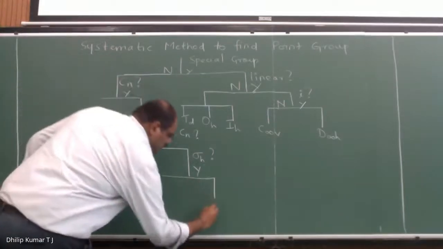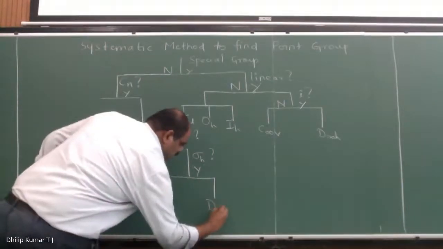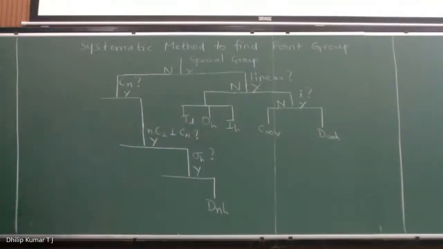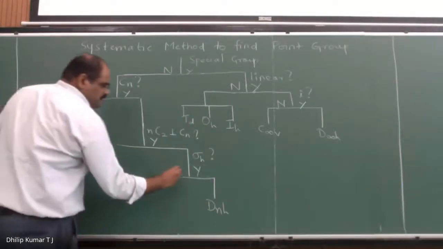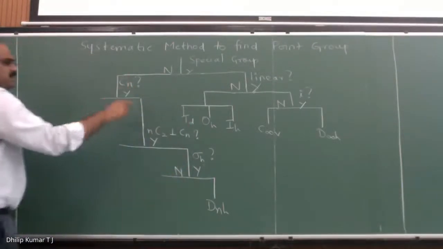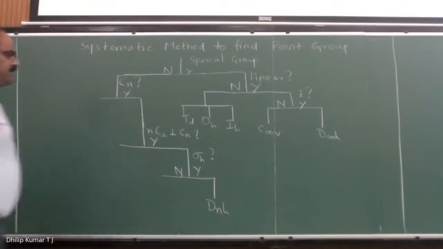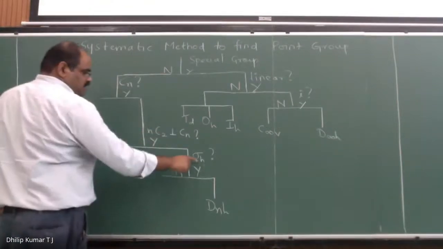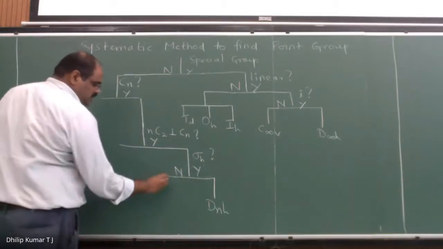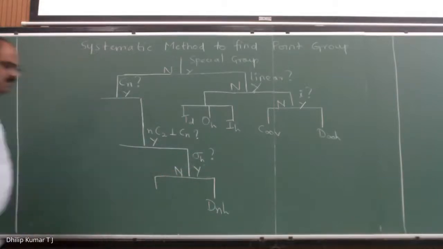So it is Dnh, right? And if the answer is no here, if the molecule is Cn and has n times of C2 perpendicular to Cn, yes, but it doesn't have the sigma h, then it could be Dn or Dnd. That's it.